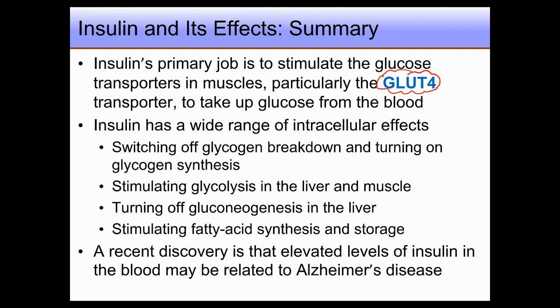Because we want to keep glucose inside of the cell. So it turns on glycogen synthesis. It stimulates glycolysis in the liver and muscle, meaning that once it's inside the cell it has to do something with that glucose. It turns off gluconeogenesis, and it stimulates fatty acid synthesis and storage. Okay.